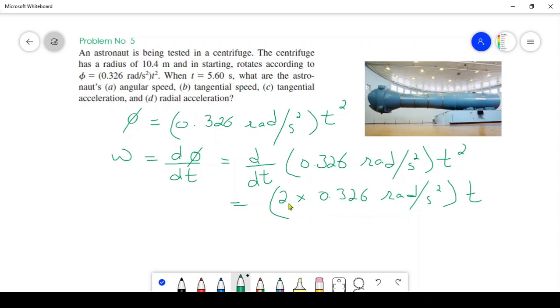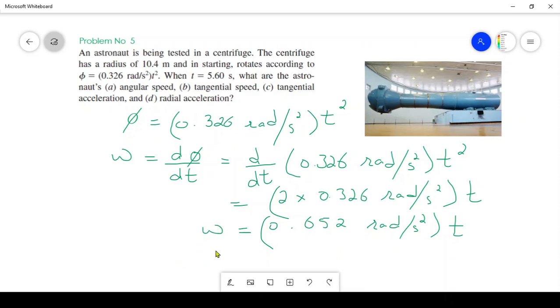If I multiply 2 by this relation, I would get 0.652 radians per second squared times t. Now this is the relation for angular velocity.